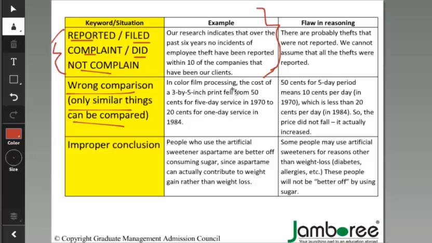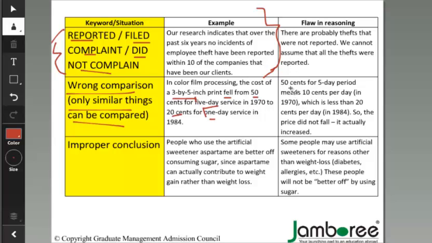In color film processing, the cost fell from 50 cents for 5-day service to 20 cents for 1-day service. Do you see the comparison? The comparison is between a 5-day service and a 1-day service.